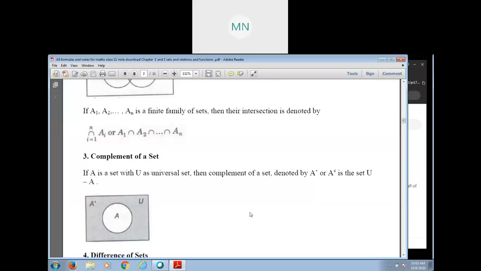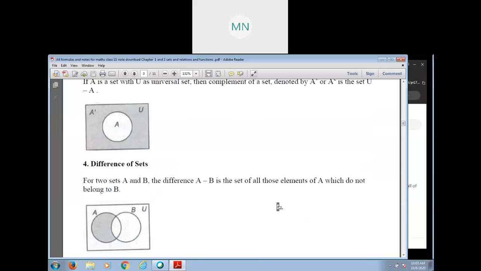Yeah, 6, 7, 8, 9, 10. The rest of the elements outside A. Okay.